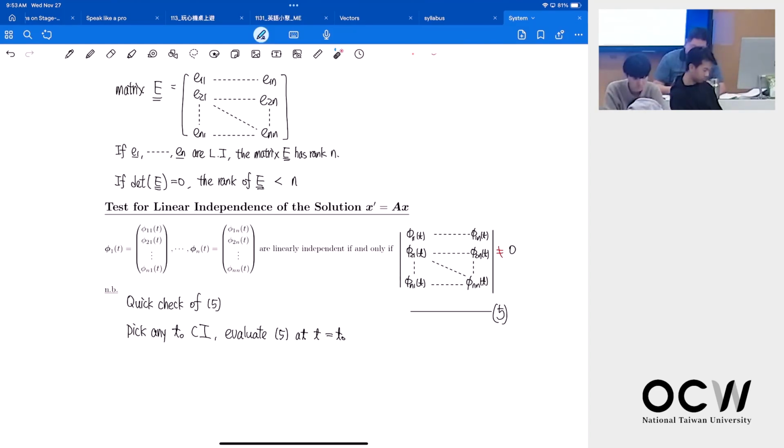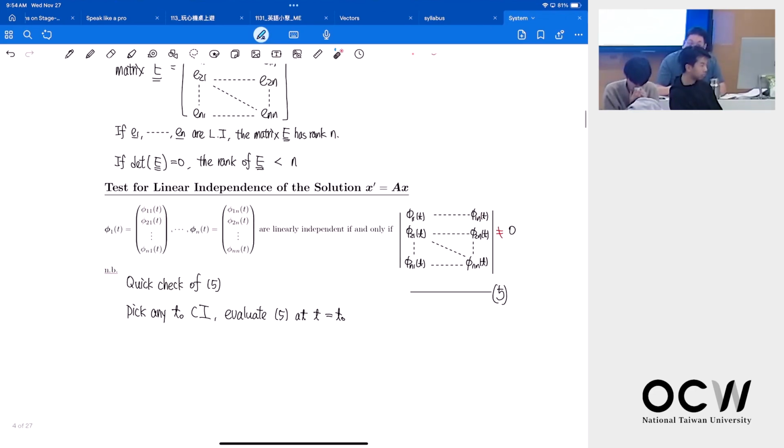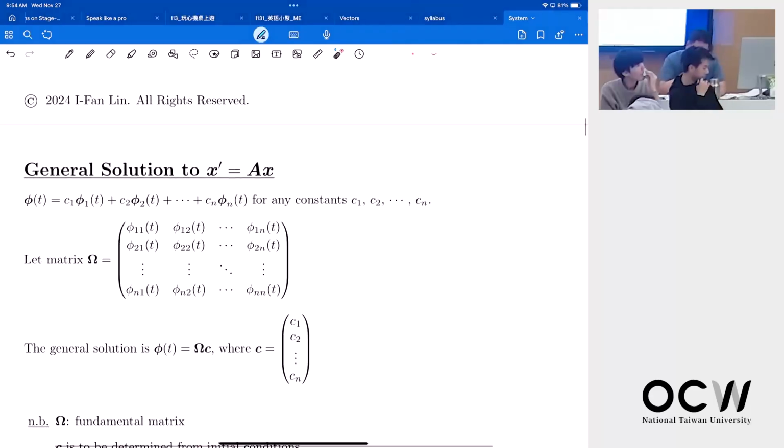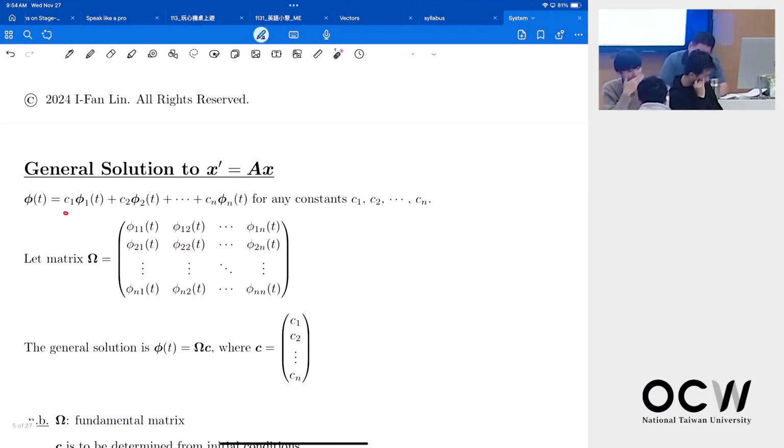Alright, so now finally we're going to look at how we find the solution for the homogeneous system. Here, the general solution for the homogeneous system is a phi that is a linear combination of your fundamental solutions, and C1 to Cn are the constants.